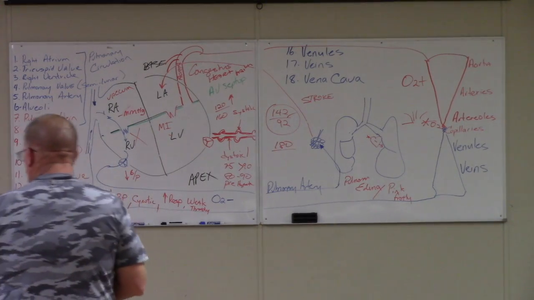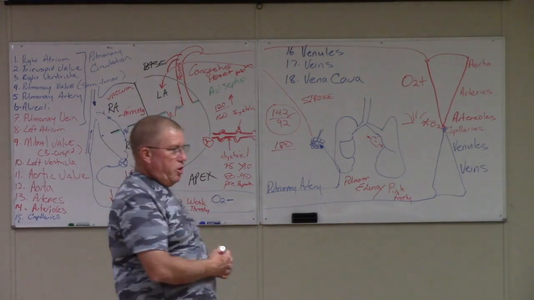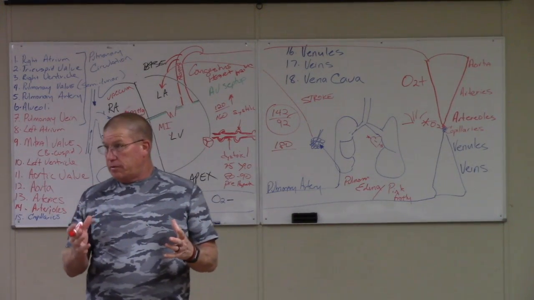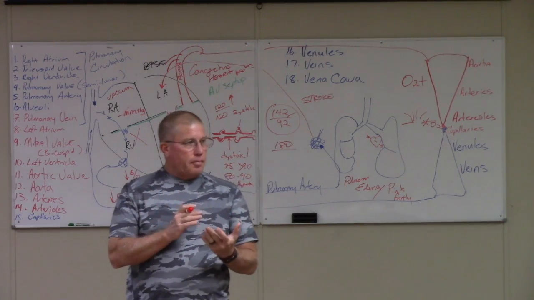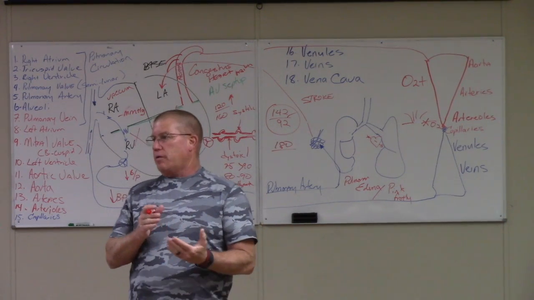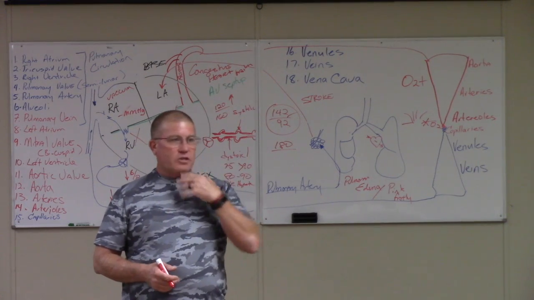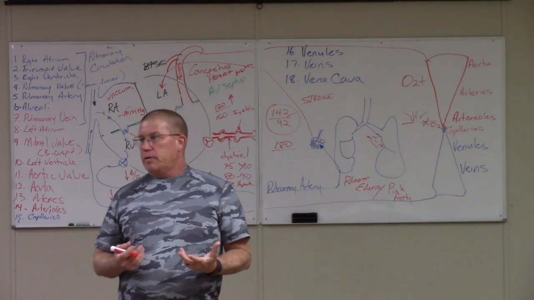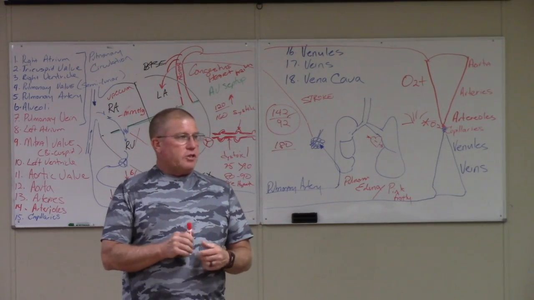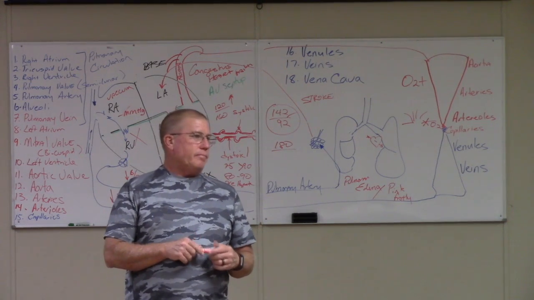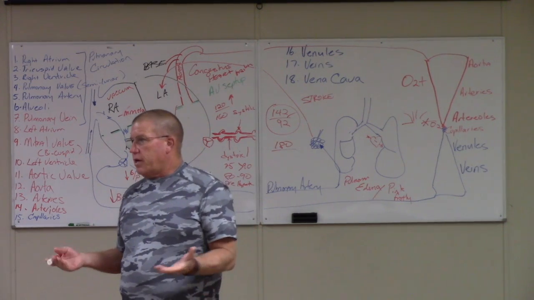So if you see somebody who's got extremely swollen legs, they're probably going to be on multiple medications. They're potentially on oxygen because they're not getting enough circulation through the lungs to oxygenate well. They're going to have congestive heart failure on the right side. Do we treat that in the field?